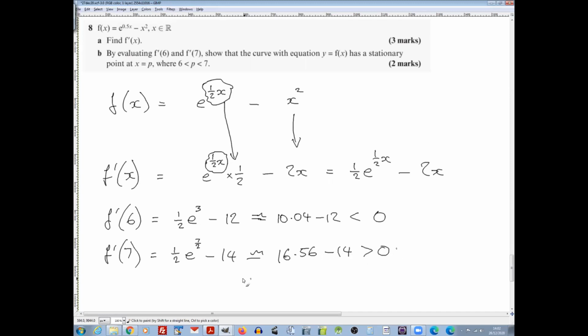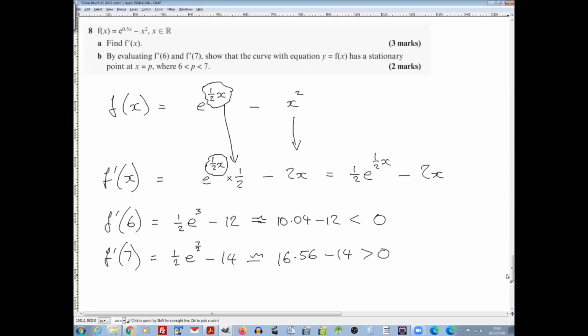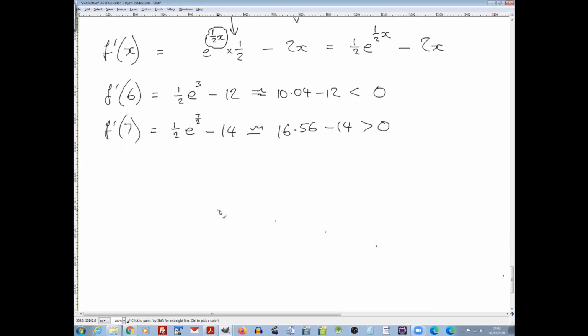And then you probably need to use words to show that you understand. What are some good words to use? Or a diagram. You could say the gradient function.